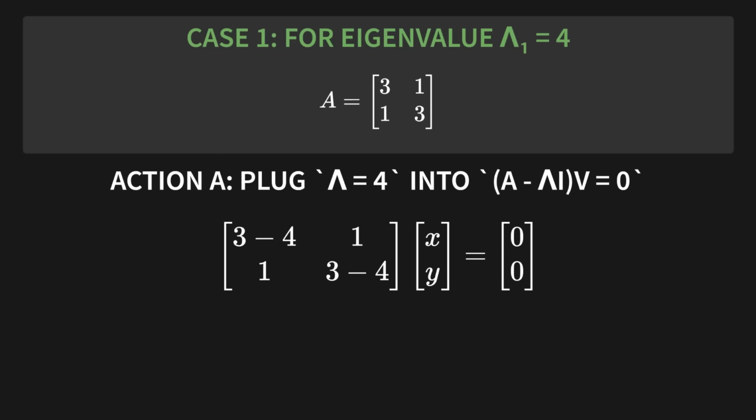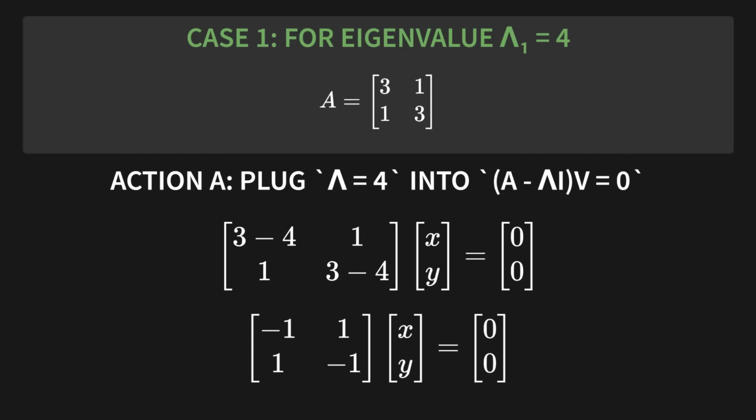For our first eigenvalue, lambda 1 equals 4, we plug lambda equals 4 into that equation. So we have the matrix 3 minus 4, 1, and 1, 3 minus 4 times our vector (x, y) equals the 0 vector. That simplifies to the matrix minus 1, 1, and 1, minus 1 times (x, y) equals 0.